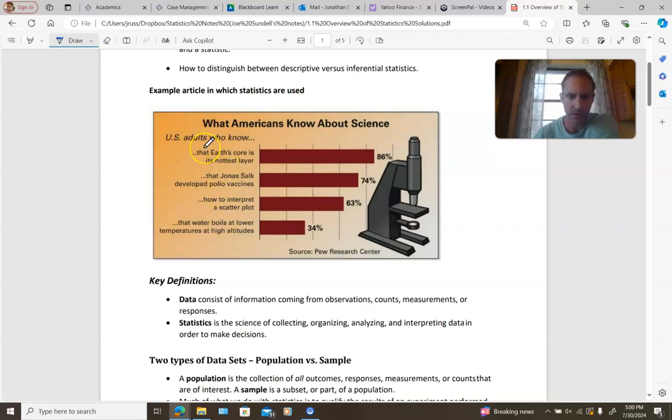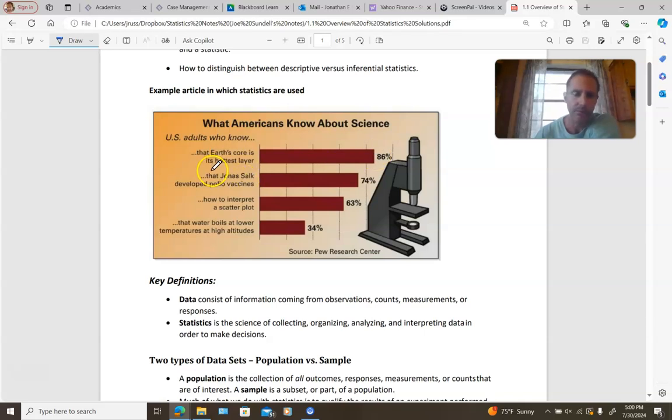For example, do you know that the Earth's core is the hottest layer, as opposed to the mantle or the crust? Apparently 86% actually knew that the Earth's core was the hottest layer. And 86% here, guys, this is a statistic.